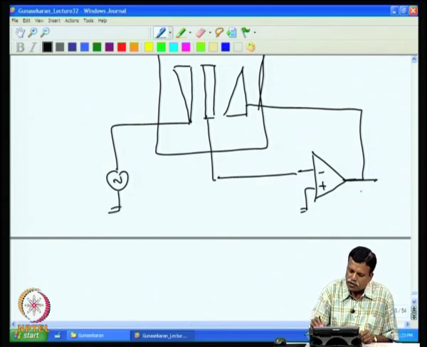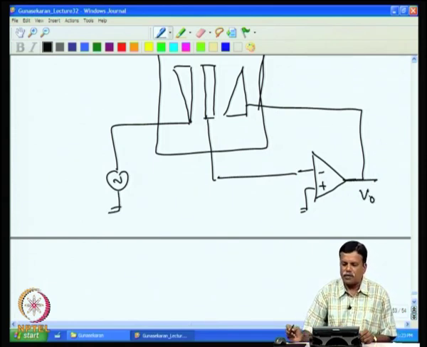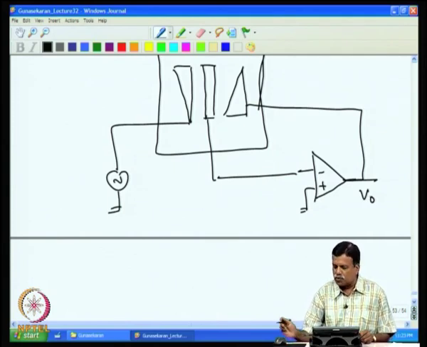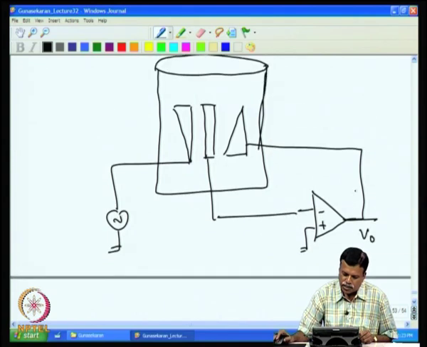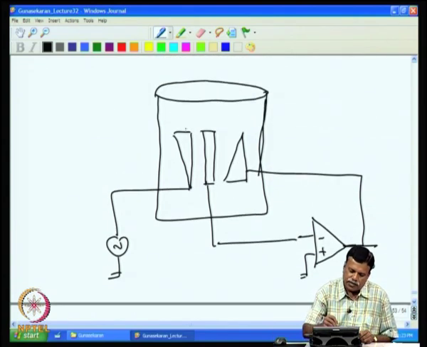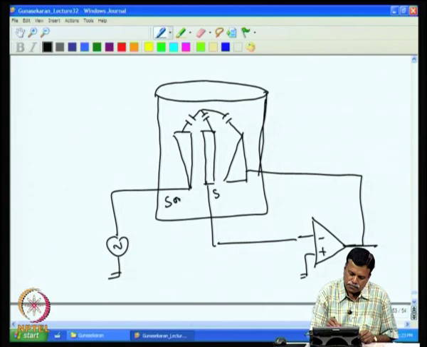Now, this output depends upon the water level, and it is a wonderful circuit which has very little effect due to the stray capacitance and so on. If water is there, essentially we have a capacitance formed from here to water and water to air, and then from here to water, and then to the sense electrode. This is the sense electrode, this is the source electrode, this is the feedback electrode.